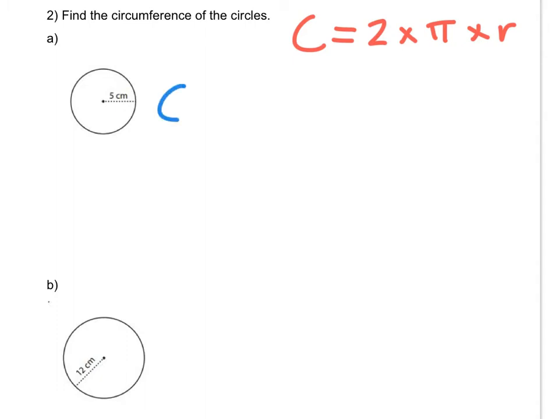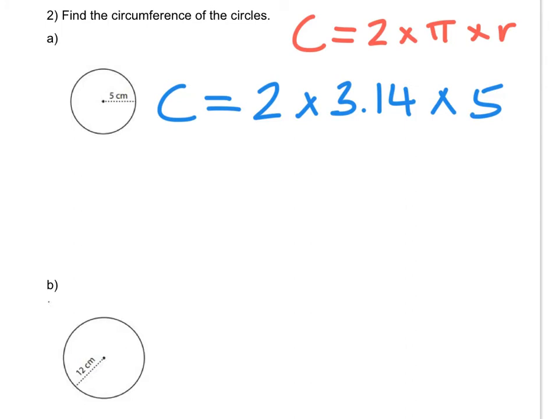So the circumference equals 2 times pi, which is 3.14, times 5. You plug that into your calculator and you're going to get your answer to be 31.4 centimeters. Pretty straightforward, I think.